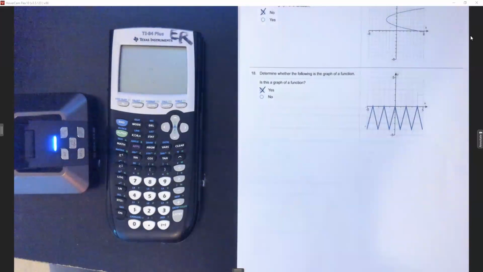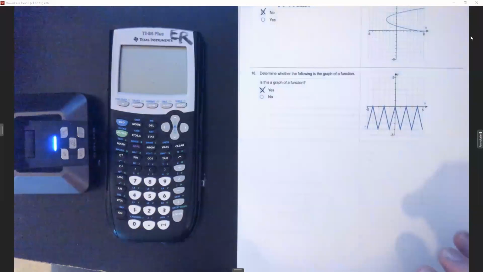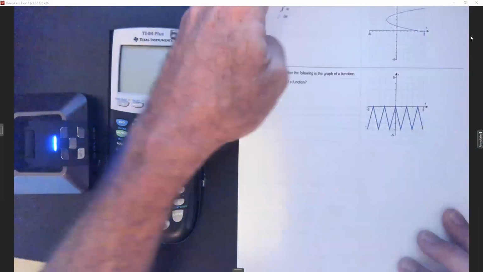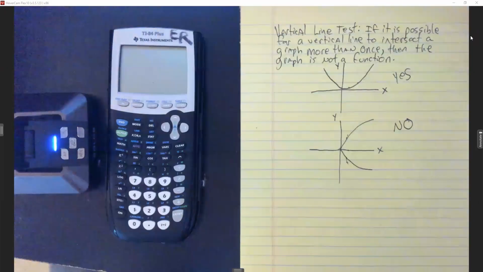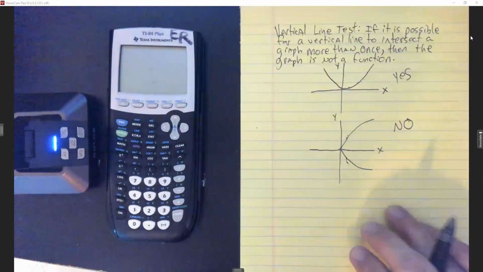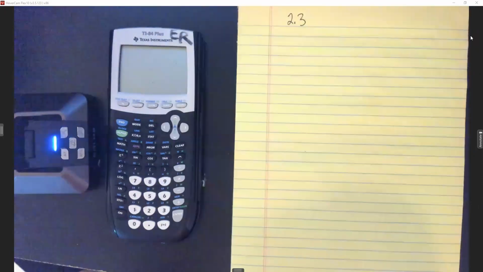Alrighty, y'all. So that finishes up 2.2. Now we'll look at 2.3. All right, so 2.3 is still doing pretty much the same thing.